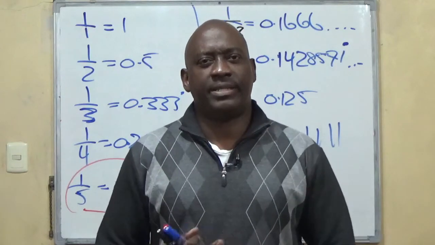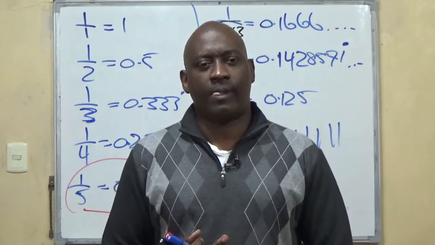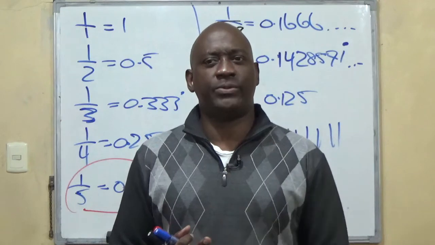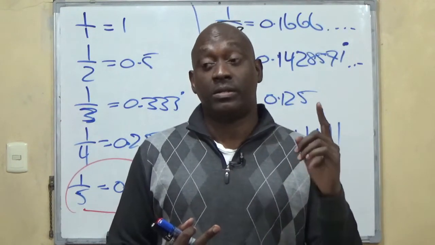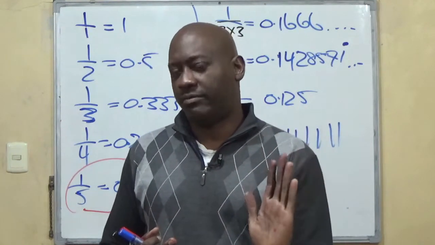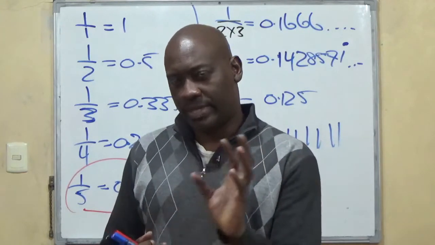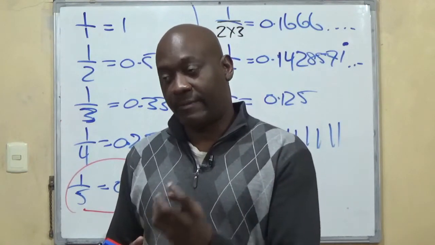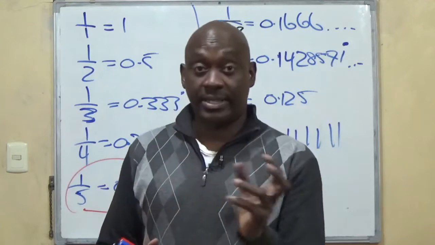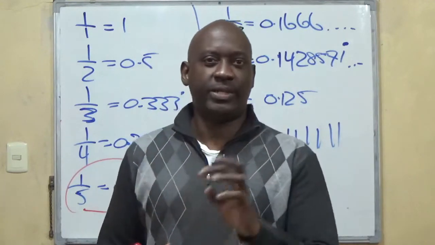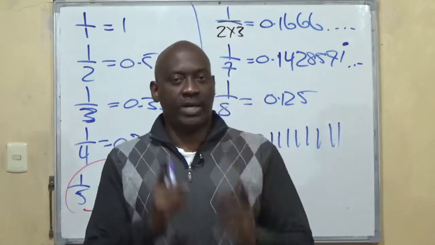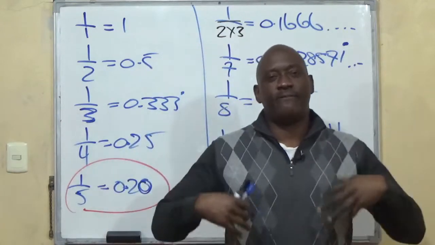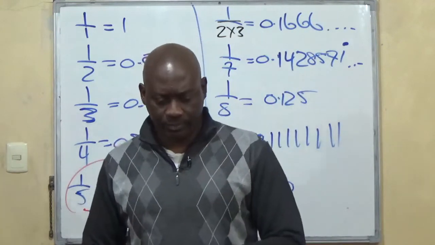12 is an excellent number to demonstrate. 6 by 2 is 12. 12 is a multiple of 2 and 6 because when you multiply 6 by 2, you get 12. If you divide 12 by 6, you get 2. If you divide 12 by 2, you get 6. So both 2 and 6 are factors of 12.